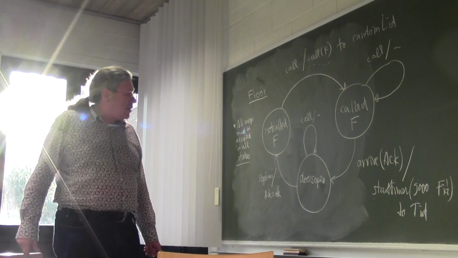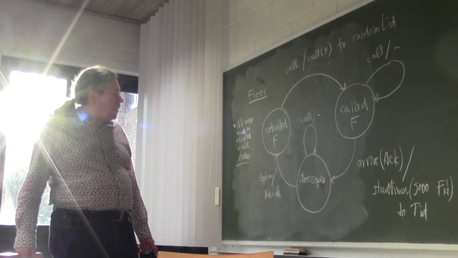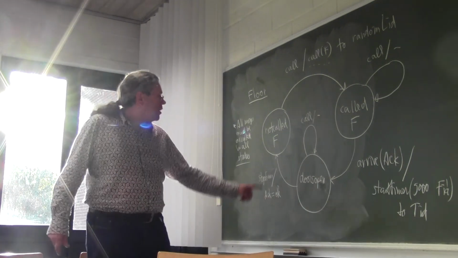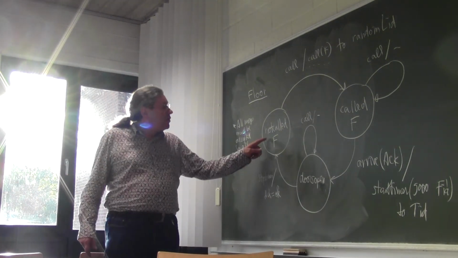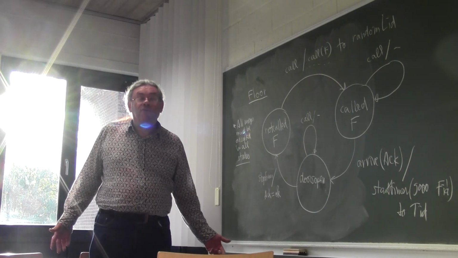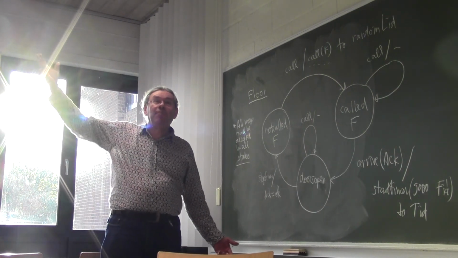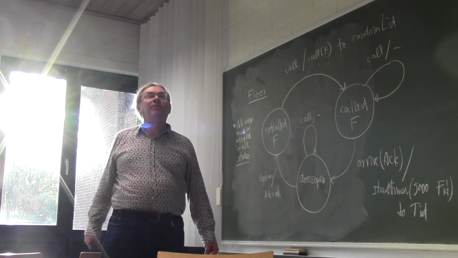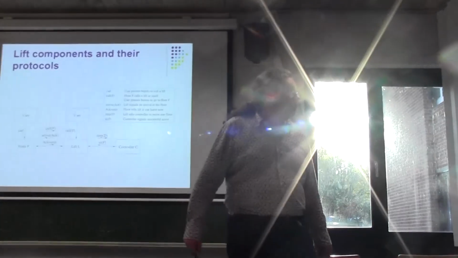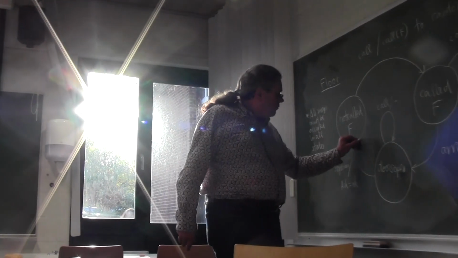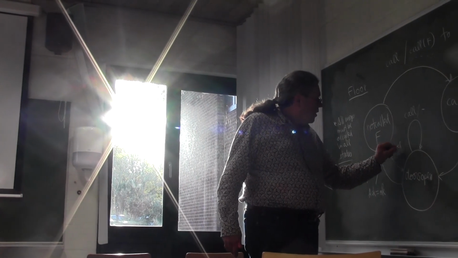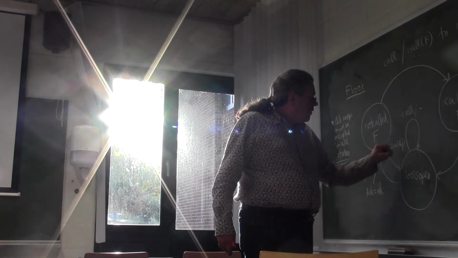Now, is it possible to have an arrive here? If the floor is not called, could a lift arrive there? Of course. Someone in a lift somewhere might want to go to that floor. So a lift can arrive at a floor even if it's not called by the floor. So you need to have arrive here, and there's another value.